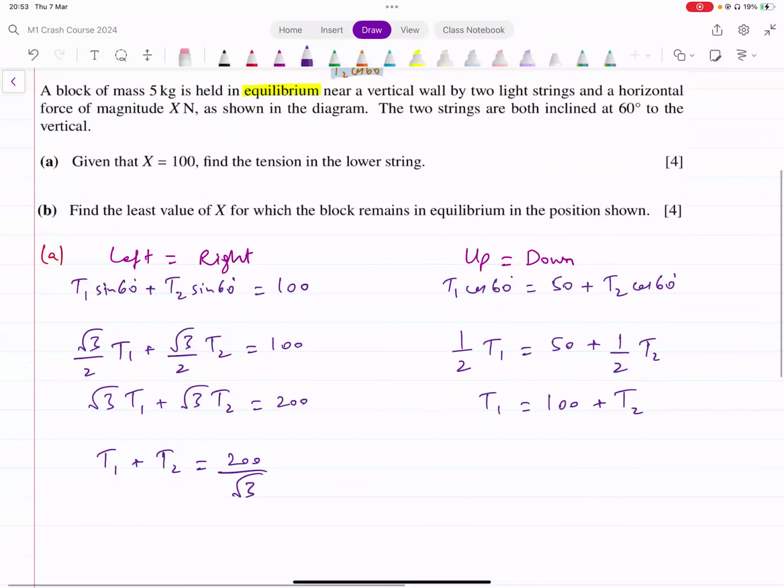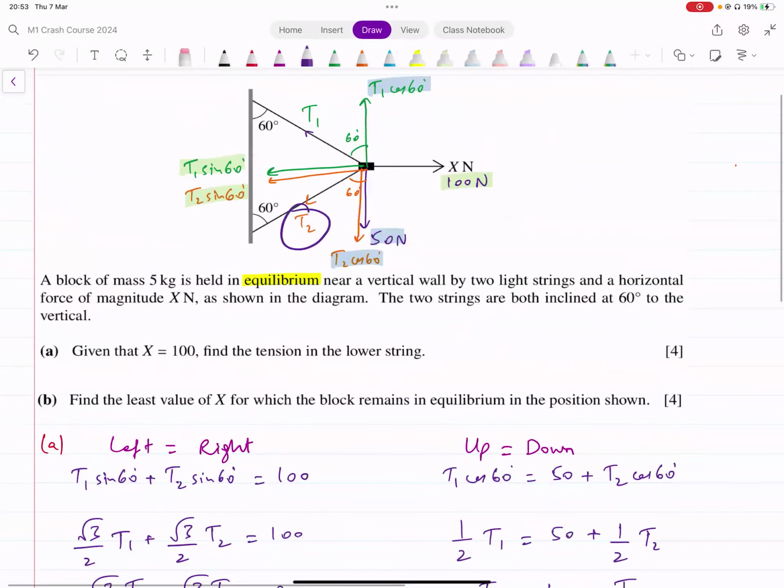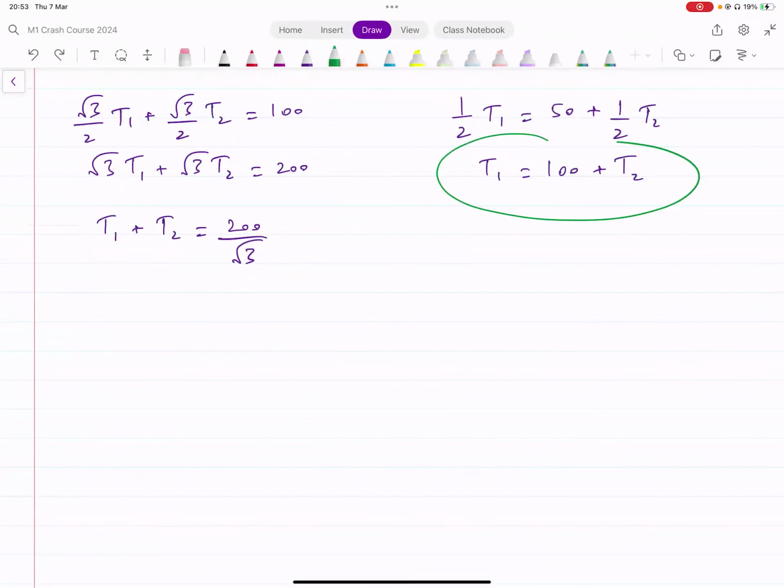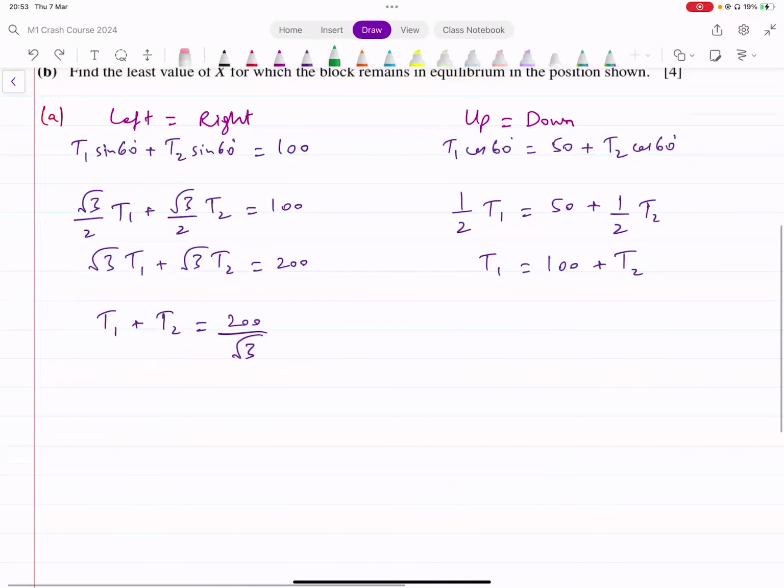What are we looking for? The question asks us to find the tension in the lower string only, right? So that's the only tension that we need, tension in the lower string. That's T2. So what we can do is eliminate T1. We already have that here. We can put that in the first equation.